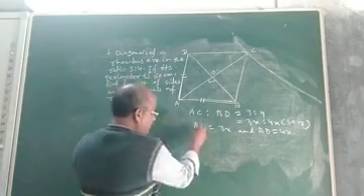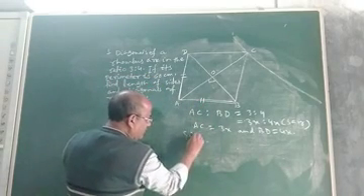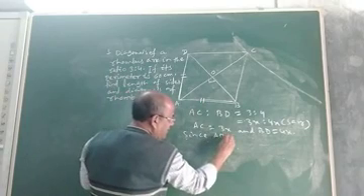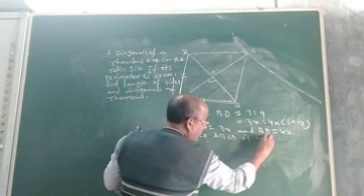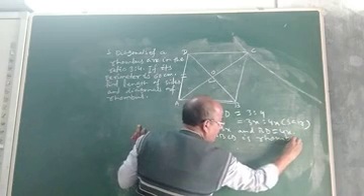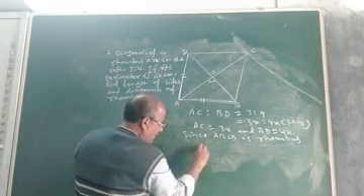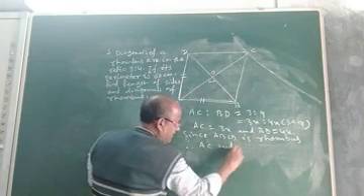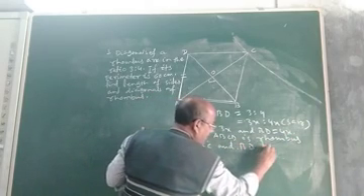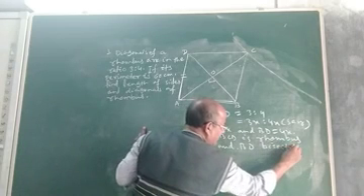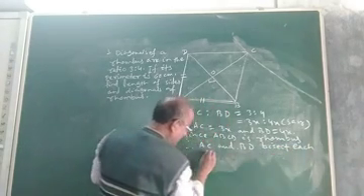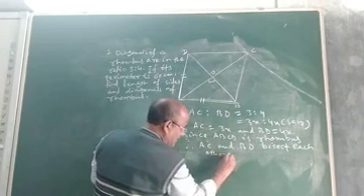So since ABCD is a rhombus, the two diagonals AC and BD will bisect each other at 90 degrees.